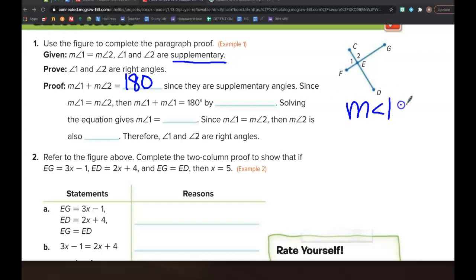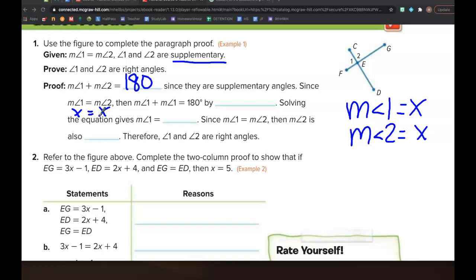Okay, since they are supplementary angles, so since the measure of angle 1, let's start here. The measure of angle 1, let's say it equals x. So then what does the measure of angle 2 equal? X, because the measure of angle 1 is the same as the measure of angle 2, right? So if one's x, the other one has to be x as well.